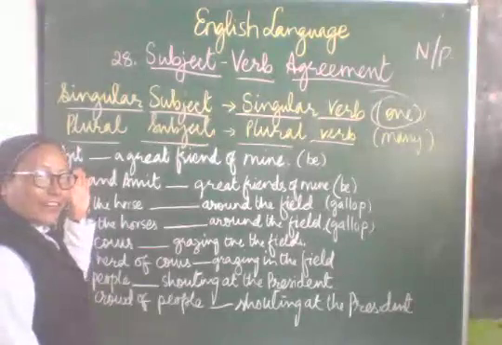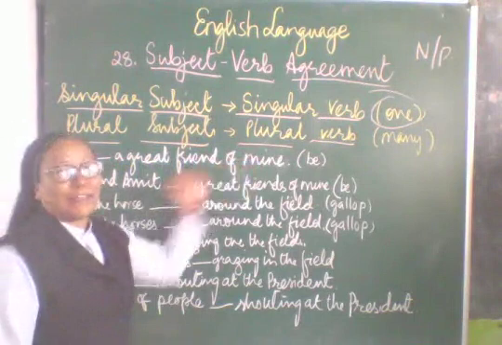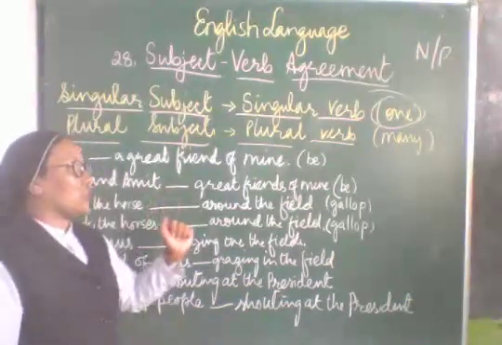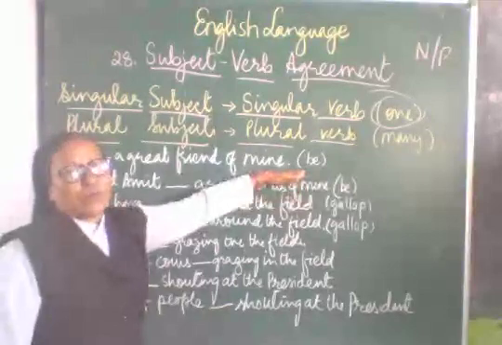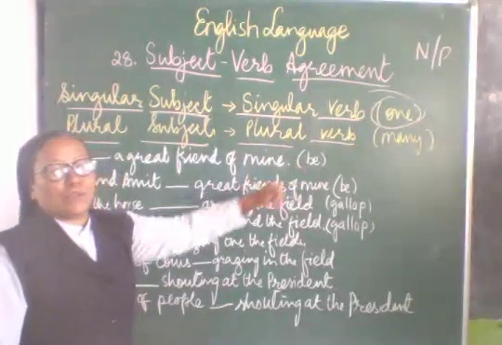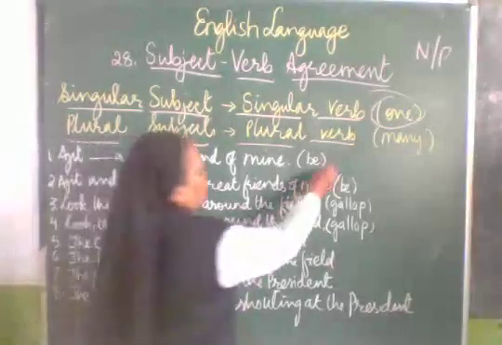Ajit is a boy, a great friend of mine. So I need to use a verb here. The word given here is be. So you need to remember the be forms of the verb.